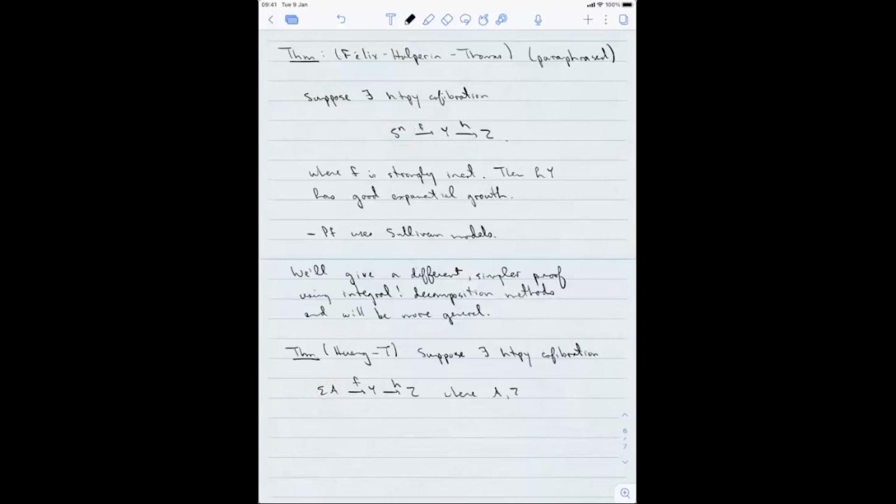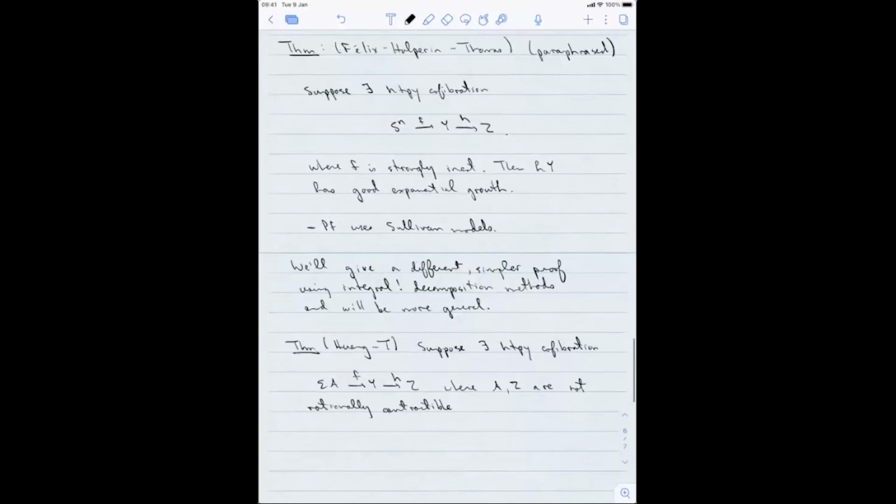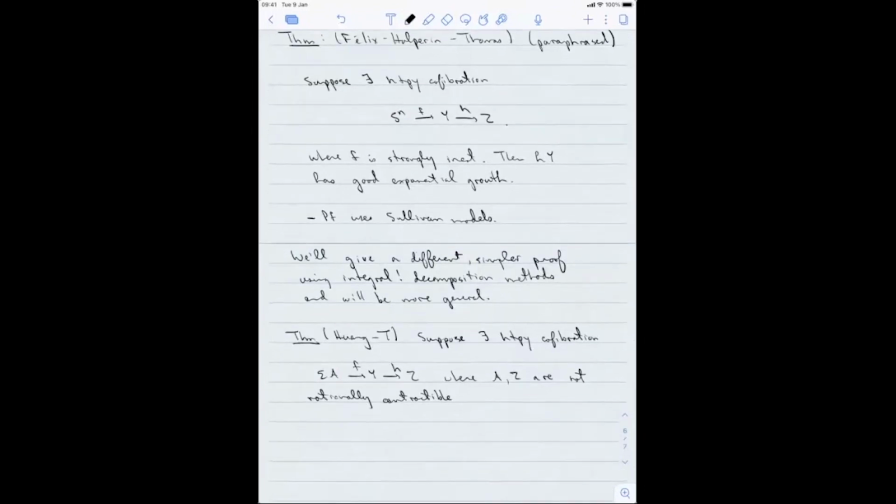We're going to assume that A and Z are not rationally contractible. Right, so it doesn't degenerate rationally to some sort of trivial fibration. So they're not rationally contractible, and assume F is strongly inert. Then the free loop space on Y has rational homology, which has good exponential growth.